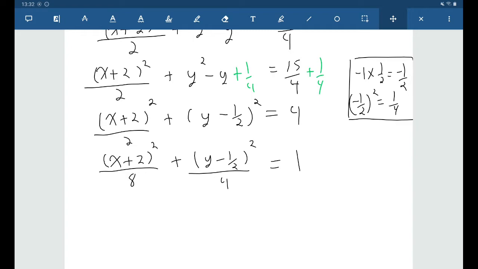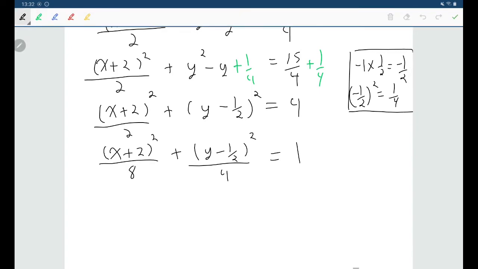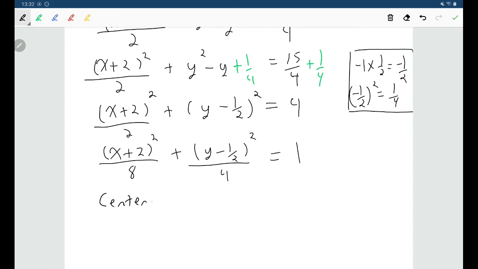That's kind of nice. That tells us also that we have our center for this ellipse being at -2, 1/2. And if you're thinking about the major axis, since the larger value for the denominator is under the term with the x's in it, the major axis is parallel to the x-axis.